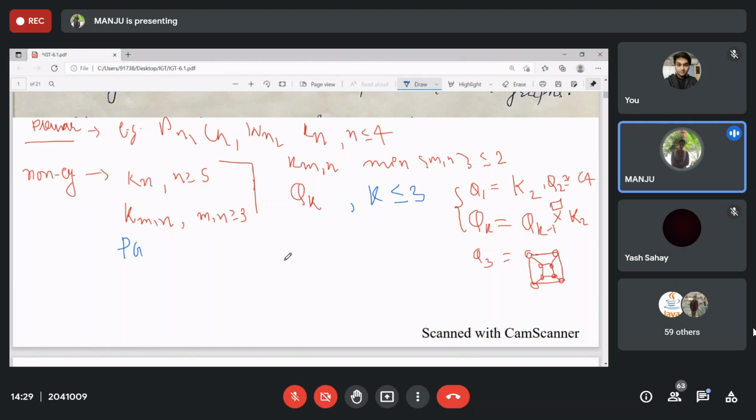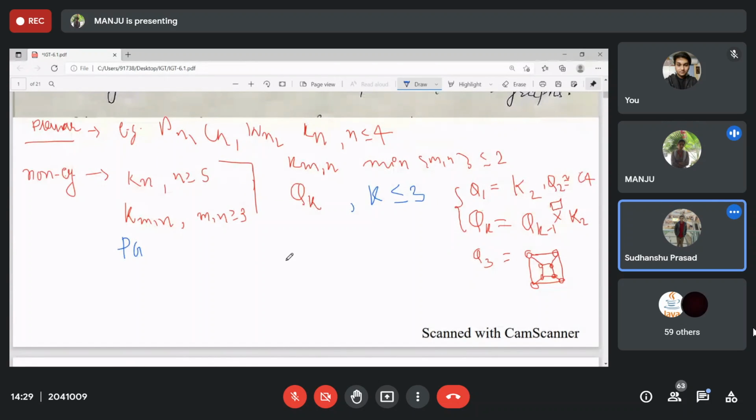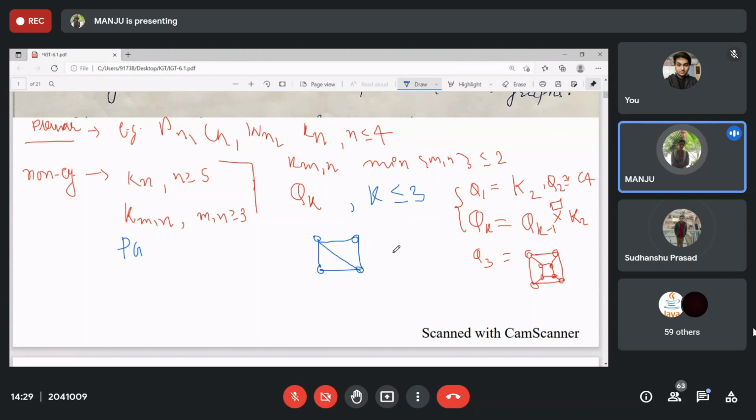Kite, obviously planar, you can draw it, right? Kite is just this one, K4 minus one edge.